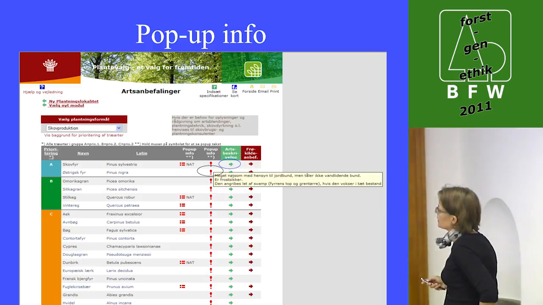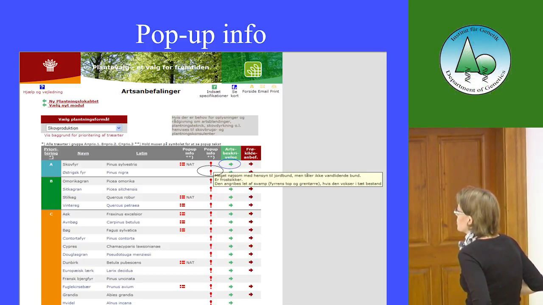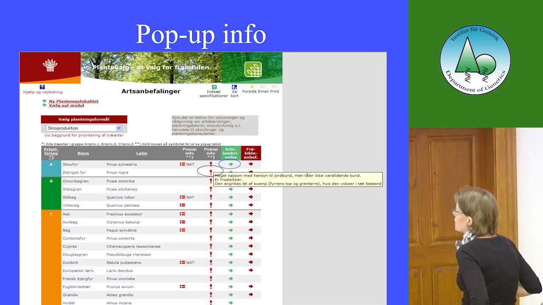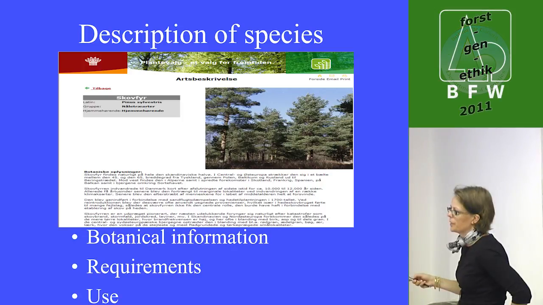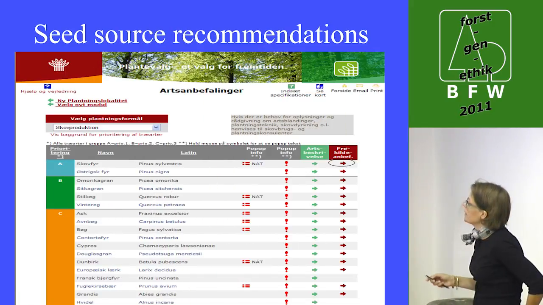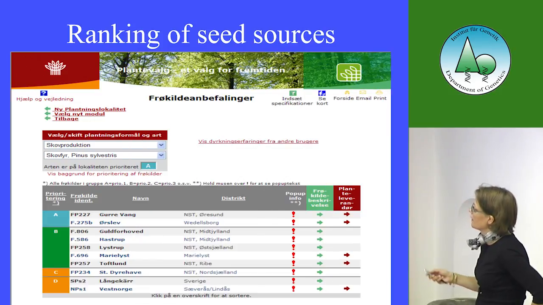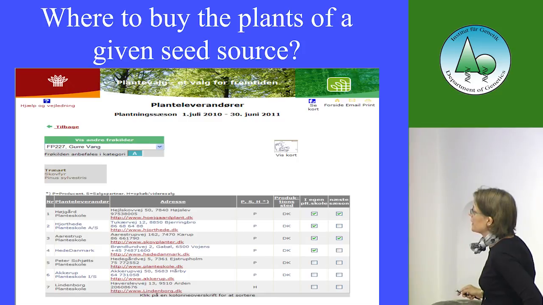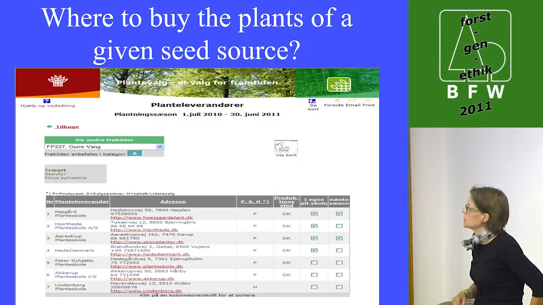Then there is this dot, and there you can just get very briefly what is the preference of the species. Then you can also click on the green arrow, and you can get a description of the species. Then if you click here, you can see you get the list of seed source recommendations. And then you can click here, and you can see where can I buy that specific seed source.